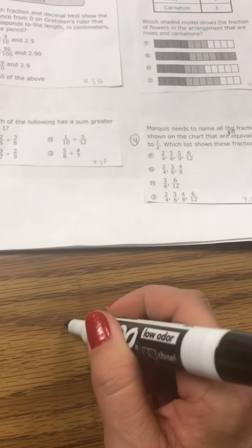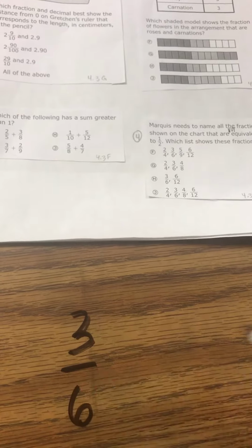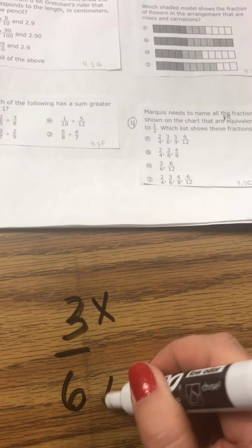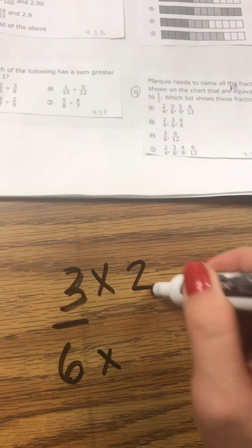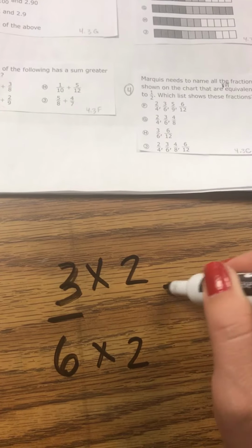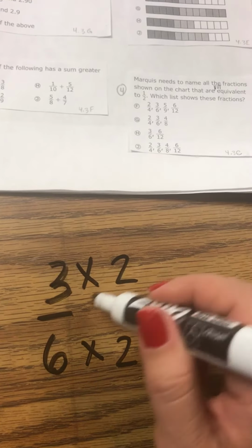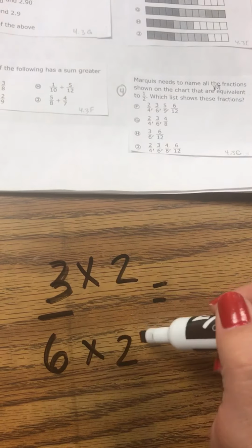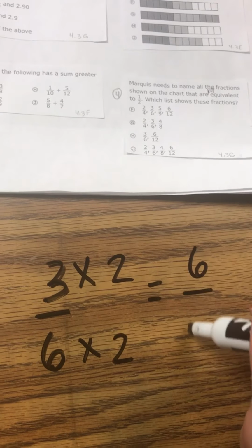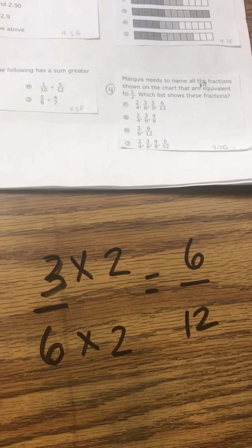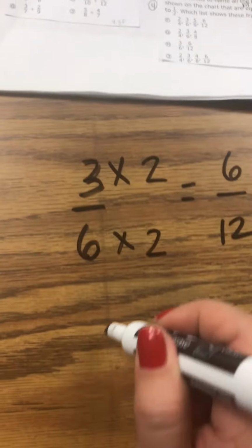Okay, so generating equivalent fractions, if I were to give you 3/6, you can multiply the numerator and the denominator by any number you choose and generate an equivalent fraction. So I could multiply 3/6 by 2 and generate the equivalent fraction of 6/12. Okay, I could also work backwards.